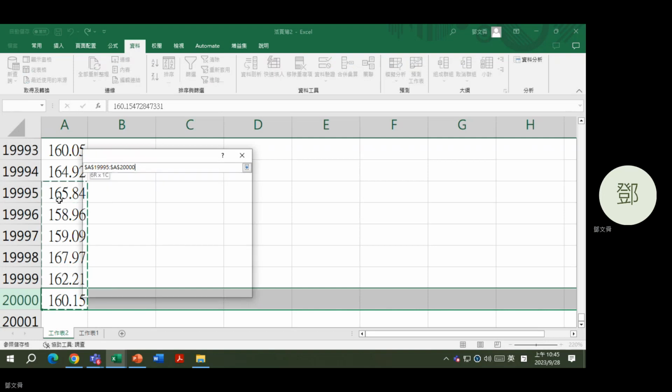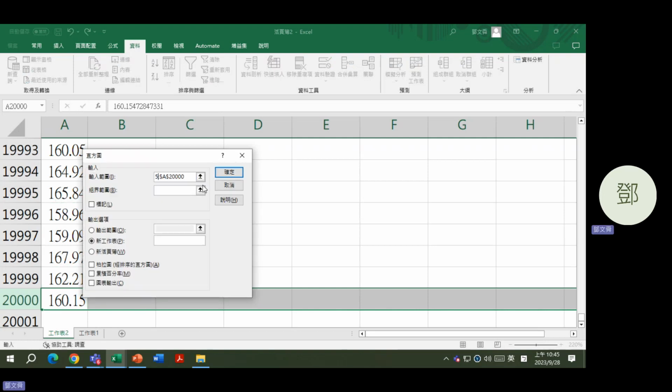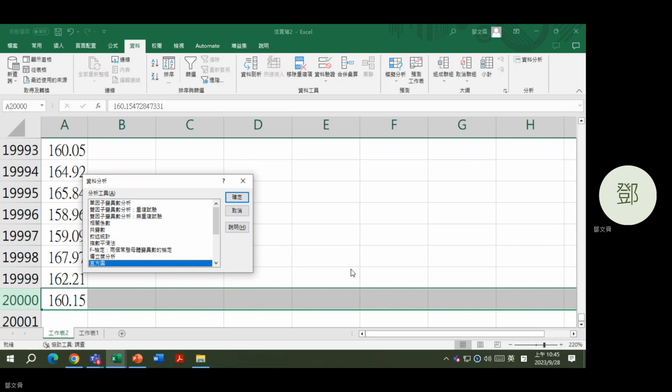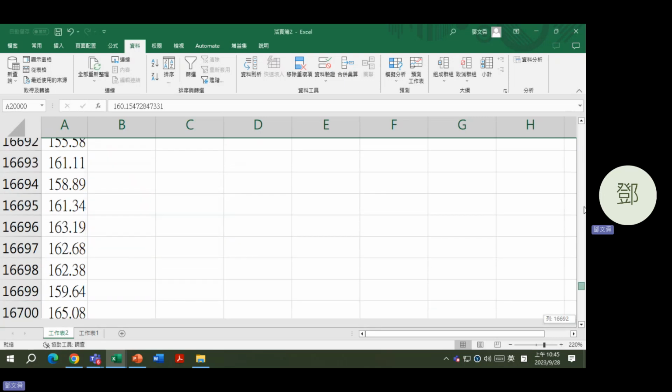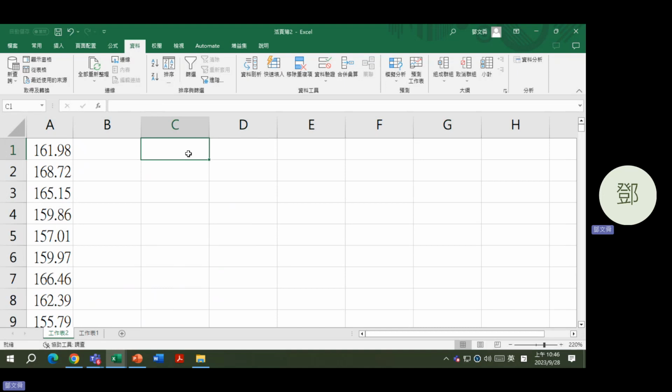Here, the first cell all the way up to 20,000, from A1 to A20,000, all right? Oh, I forgot the class limit. I need to specify the class limit first.